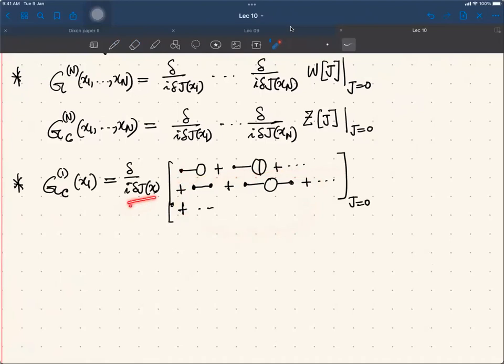Now you are taking a derivative at a particular j of x, so that will absorb that j factor and make this point not a dot but a fixed point, which we will call an external point and denote by a cross, which means that it is a fixed point that is not integrated over. So what you will get is this. And this cross is obviously the label x that appears here. This is x.